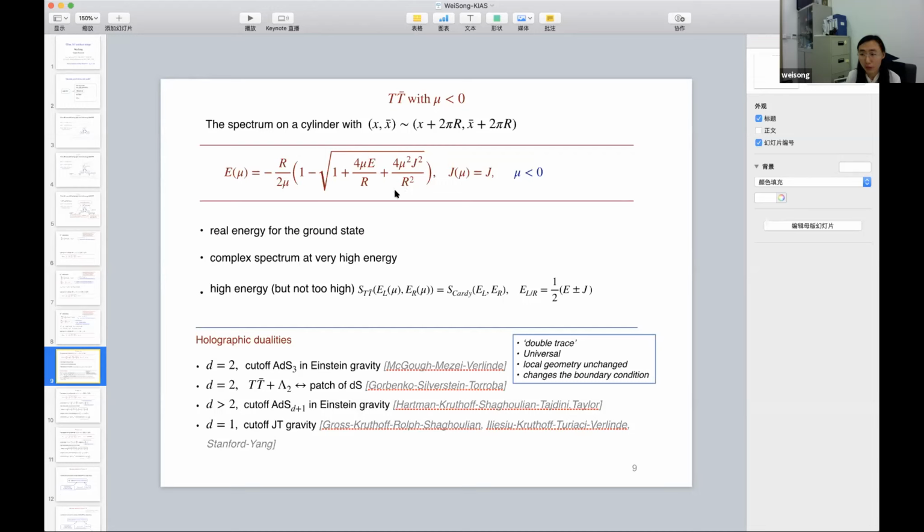It's interesting to understand what will happen above this upper bound, and I think this question is still open. But one can also observe that the spectrum will become problematic at high energy, but for the ground state, it seems to be okay. The energy is still real.